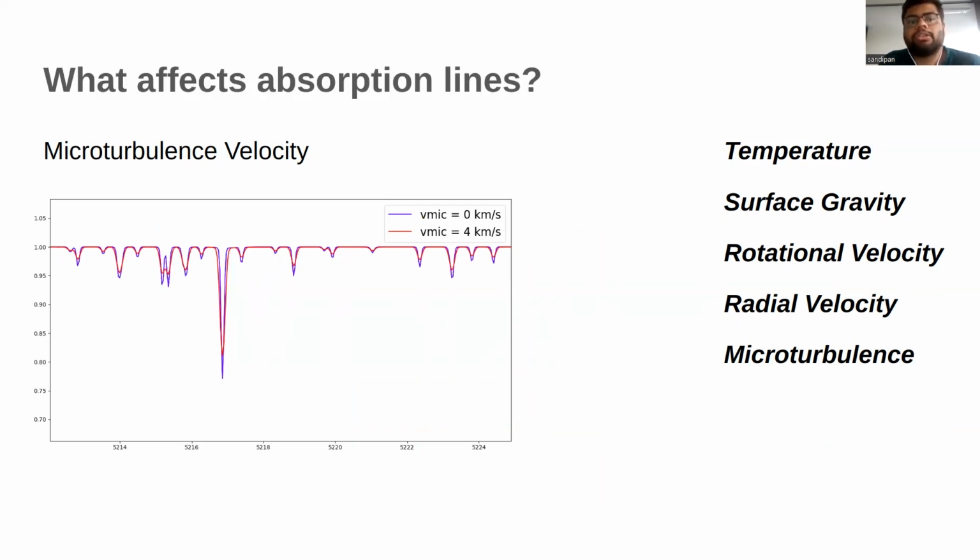So they introduced another velocity which they call microturbulence velocity. And these are explained to be small turbulences in the star's atmosphere, which behave a bit similar to thermal broadening, but it can be different. So this is another parameter that we have to include to understand absorption lines.